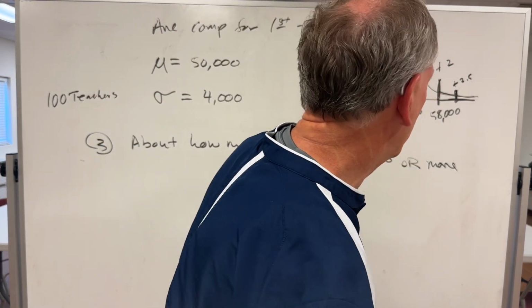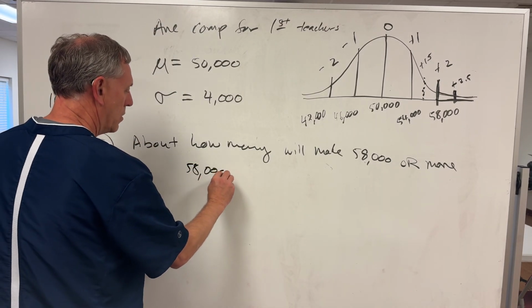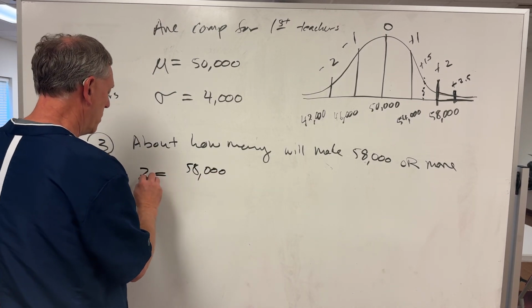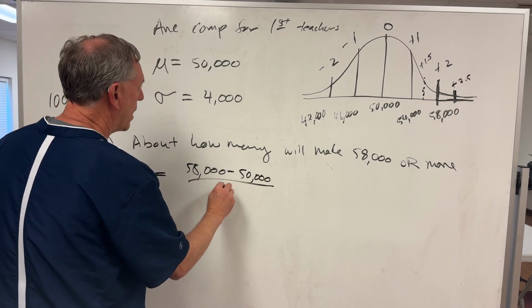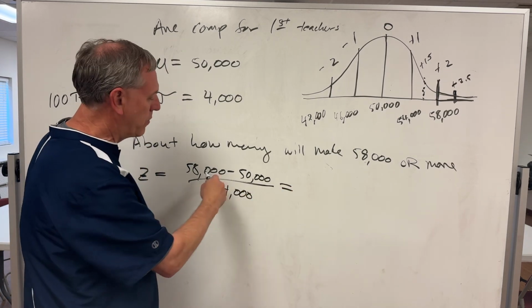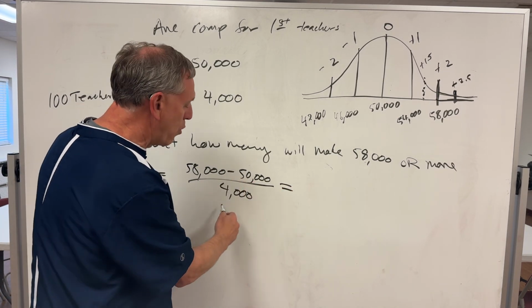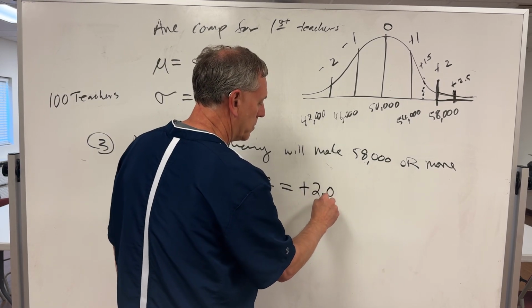We're going to need a z factor. So we're going to take 58,000, so z is equal to 58,000 minus 50,000, all divided by 4,000. If you put that in your calculator, 58,000 minus 50,000 divided by 4,000, you'll get a positive 2.0.